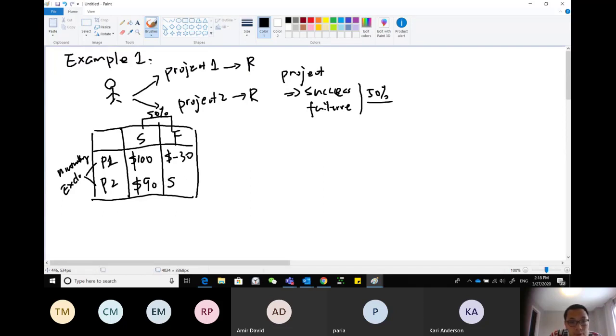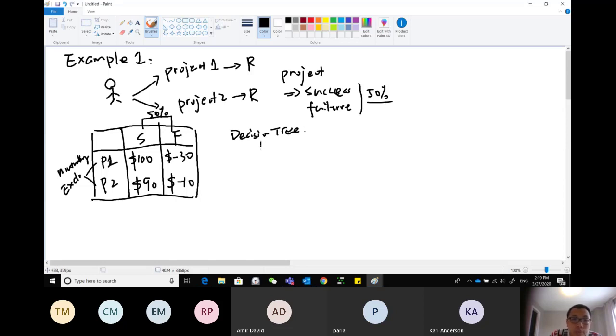In the meanwhile, if it's a failure, we'll lose $10. So as you can see here, project 1 has higher risk, right? If we succeed, we'll gain another extra $10. But if it's a failure, we will lose another extra $20. So from here, we can use a decision tree model to analyze that.